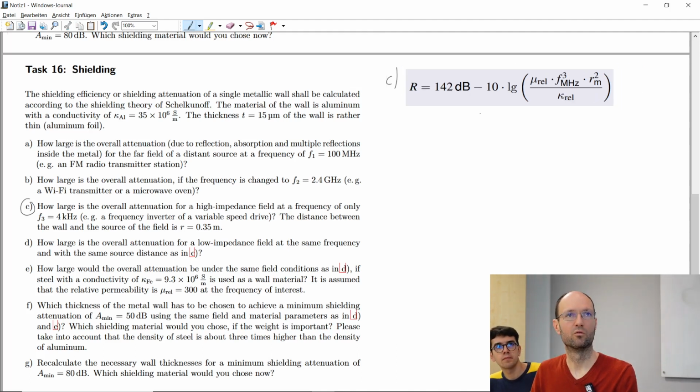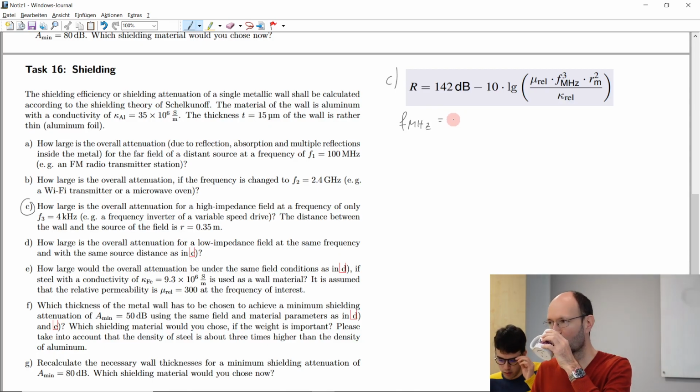Okay, so we still have the same mu relative. We have a new frequency. So the frequency in megahertz now is, if we convert 4 kilohertz into megahertz, no, not 400. No, it will be divided by 10 to the power 6.